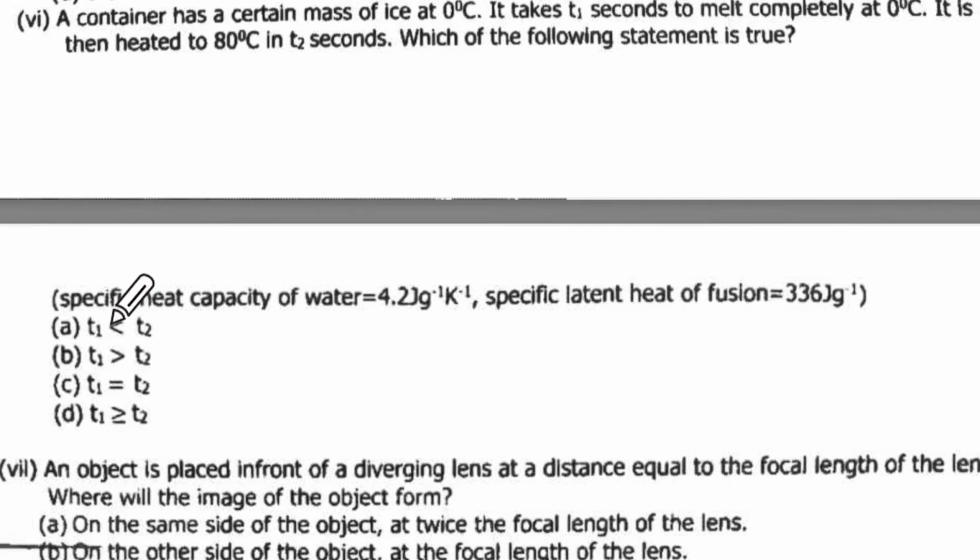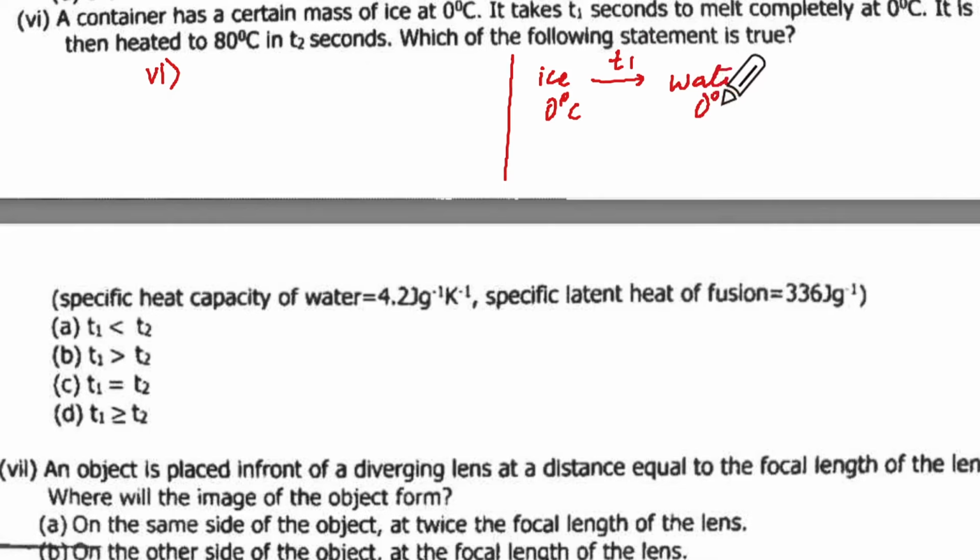Now, before we come to this, it's all going to go over your head just now. You just read it, it's not going to make any sense to you, correct? So what you will do, you will show the thinking step. Okay? So, container has certain mass of ice at 0 degrees C. So we'll have ice at 0 degrees C. It is taking T1 seconds and it becomes water.